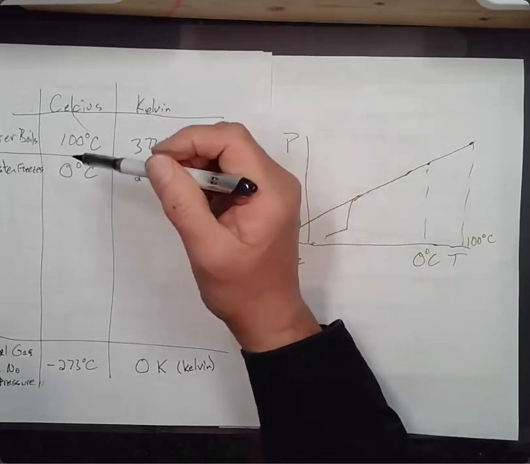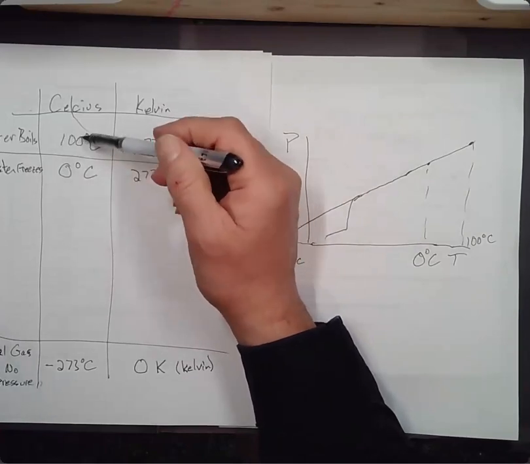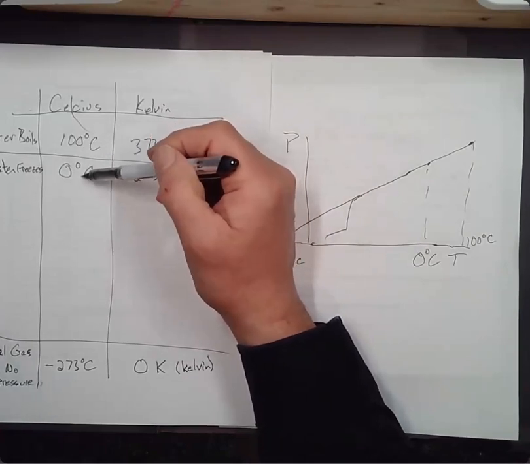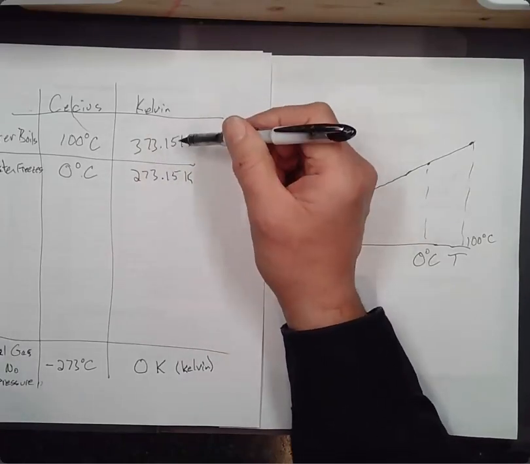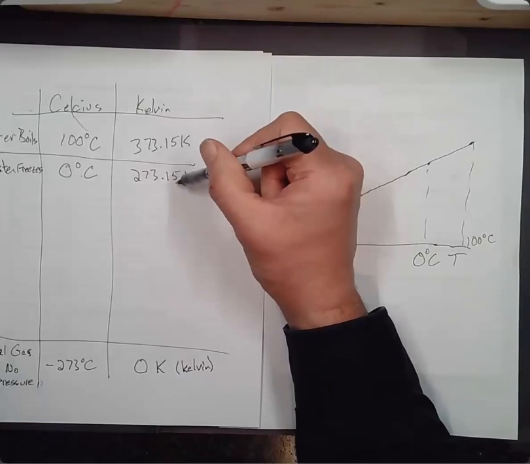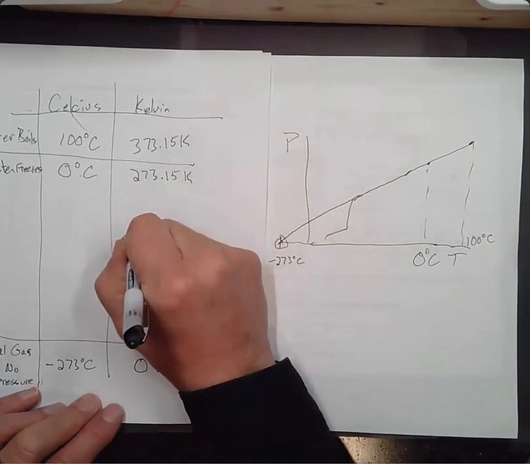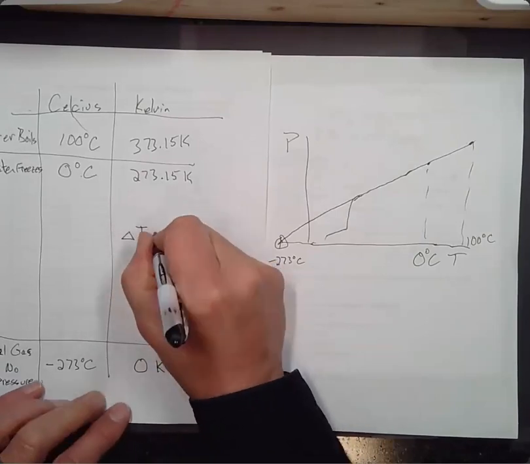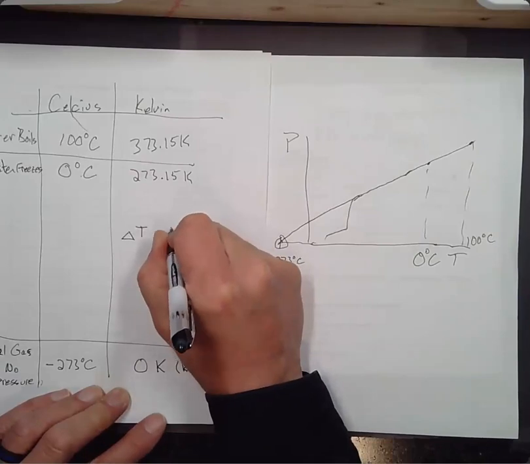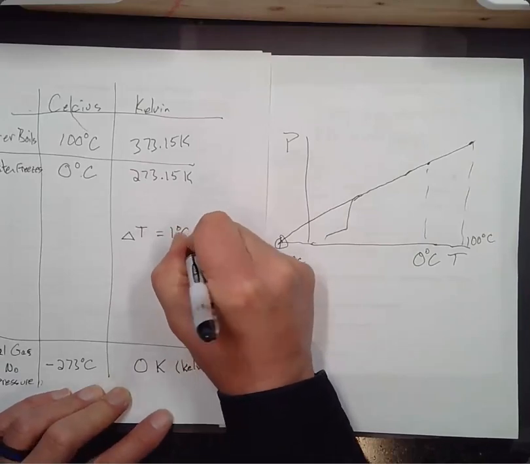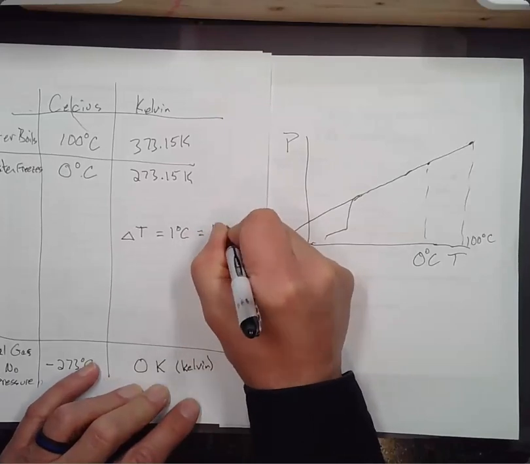Now, you may notice something. It's 100 degrees Celsius from where water freezes to where water boils. It's exactly 100 Kelvin from where water freezes to water boils. And so the step size, as far as a delta temperature goes, is the same: if you have a delta T of 1 degree Celsius, you also have a delta T of 1 Kelvin.